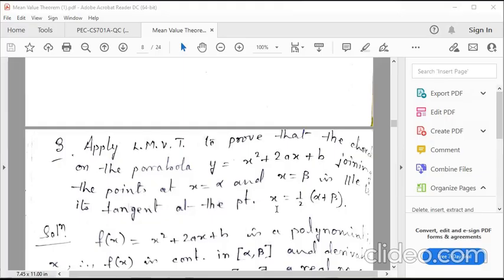We need to prove that the chord joining the two points on the parabola, x equals alpha and x equals beta, is parallel to its tangent at the point x equals alpha plus beta by 2.